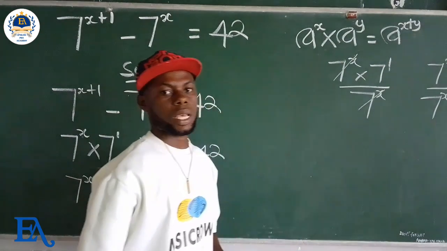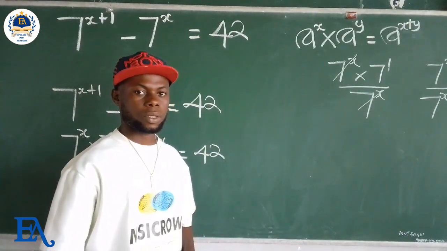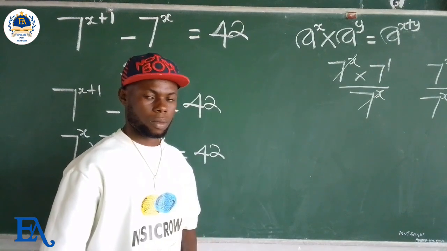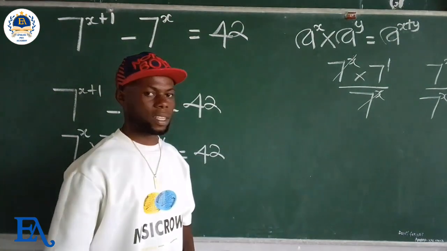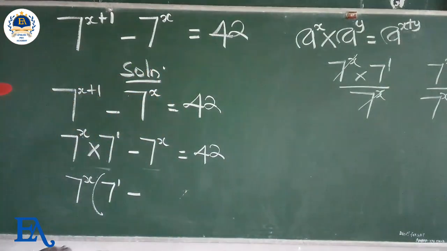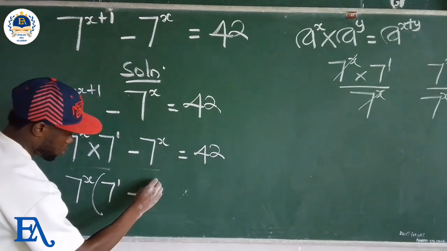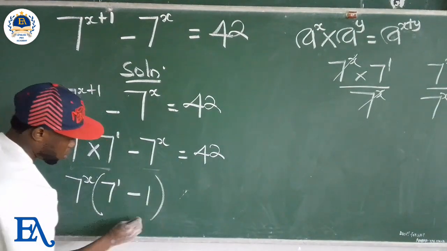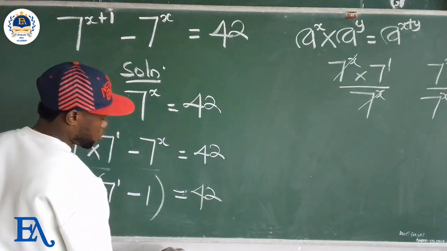When you divide the same number by itself, the result becomes 1, provided that it is not 0 divided by 0. So we have 1, and this is equal to 42.